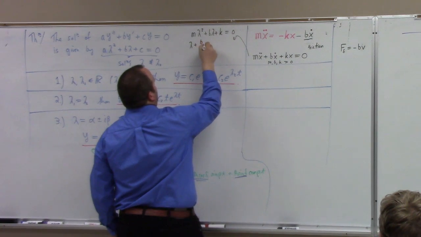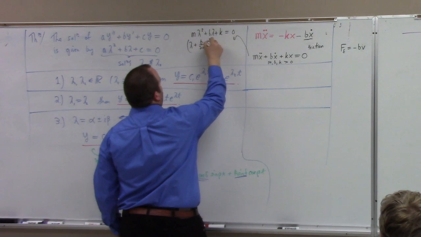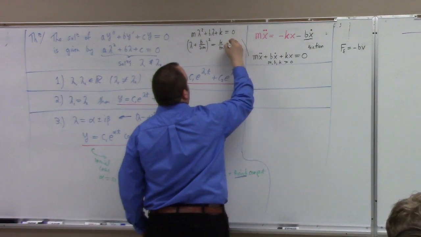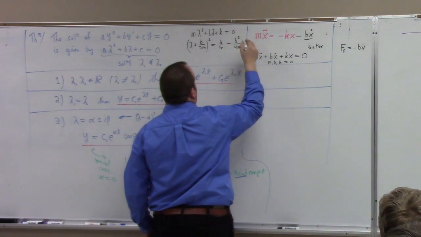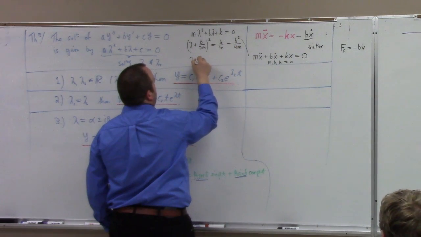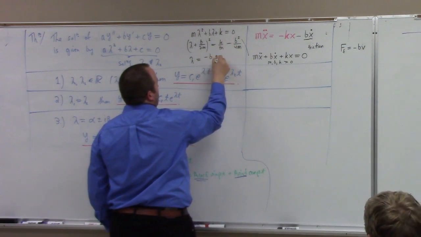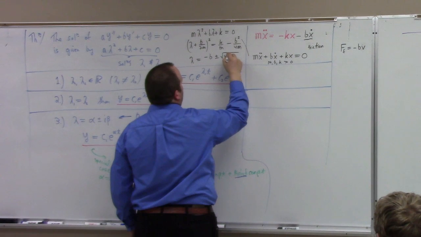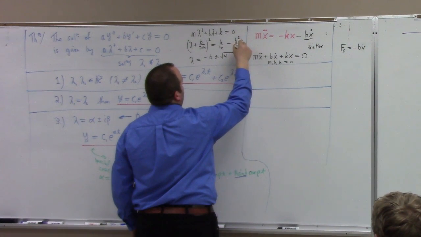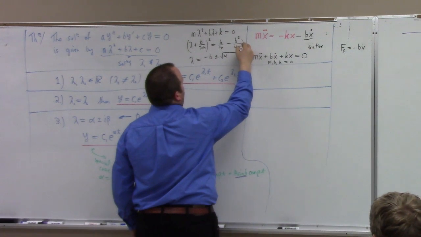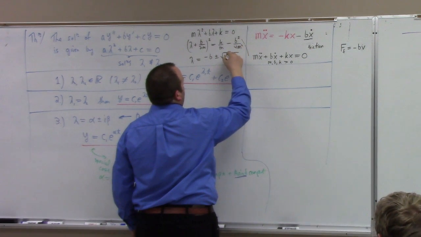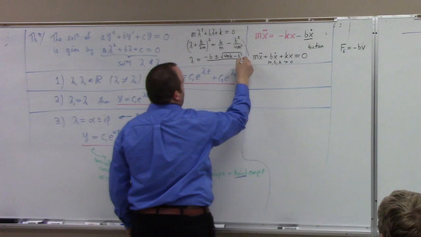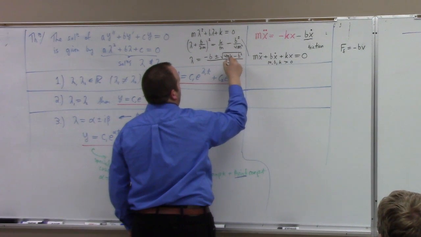I get lambda plus b over 2m, quantity squared, is equal to k over m minus b squared over 4m squared, or lambda is equal to minus b plus or minus the square root of b squared minus 4mk, all divided by 2m.